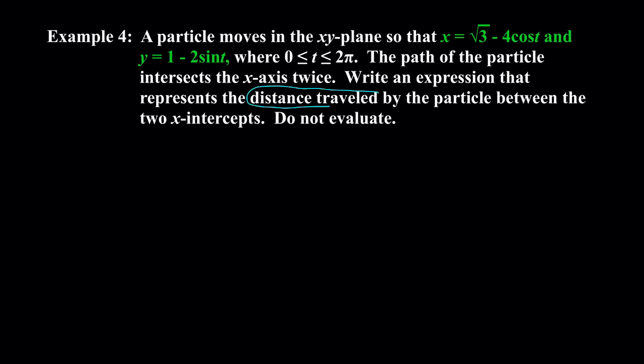We're looking for distance traveled, and distance traveled is going to be the integral of the square root of (dx/dt) squared plus (dy/dt) squared. All right, so that is how we find the distance traveled.